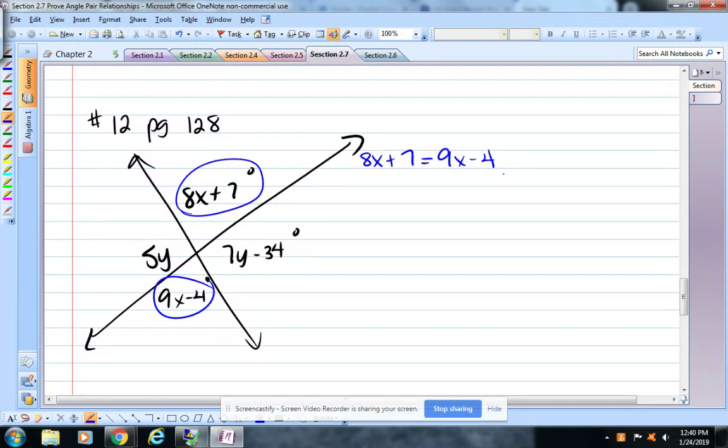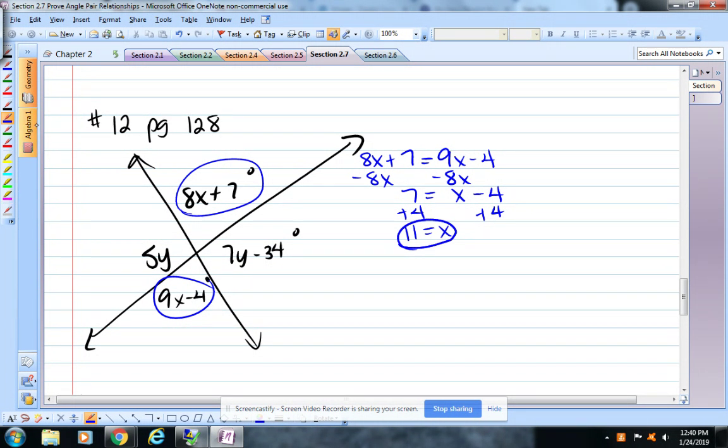Since they're across from each other, their measures are equal. So I can solve this equation for x. I'm going to get my x's together, subtract 8x on each side, and I have 7 equals 1x minus 4. I'm going to add 4, and I'm getting x equals 11.